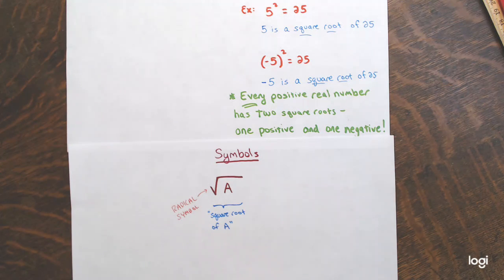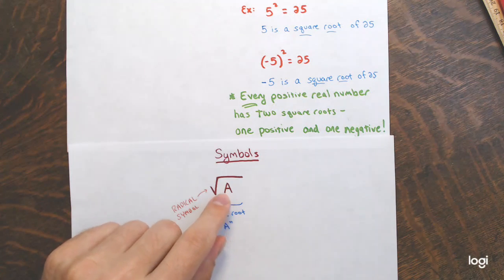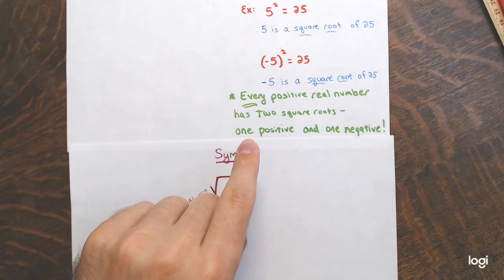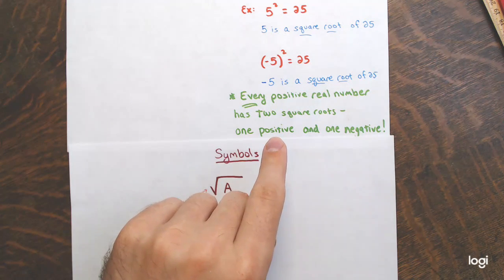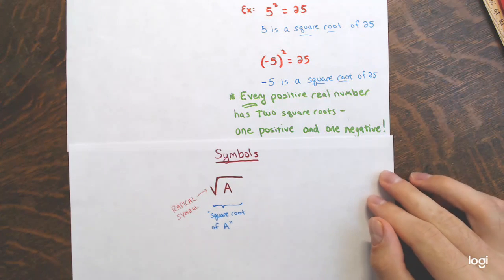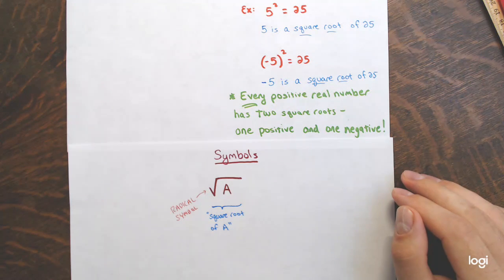When you see this symbol, I'm asked, what's the square root of a? Remember, if a is a positive number, do they want the positive square root or the negative square root? Because you don't ask for both. When you ask for the value of an expression, when you ask to evaluate an expression, you're only asking for one number.